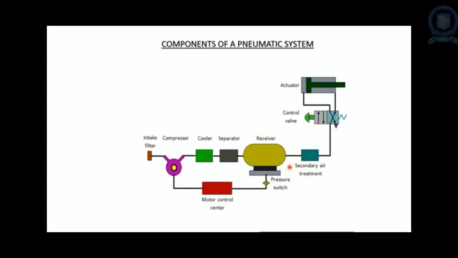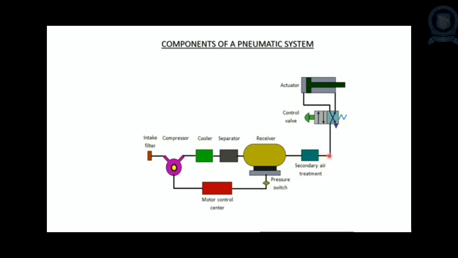Then this air is sent for secondary air treatment, that is filter, regulator, lubricator. The atmospheric air conditions will not be suitable for the pneumatic system. So we pre-treat that air; we are introducing secondary air treatment.